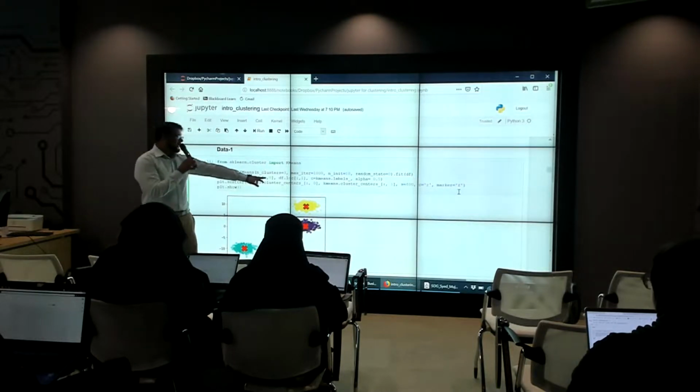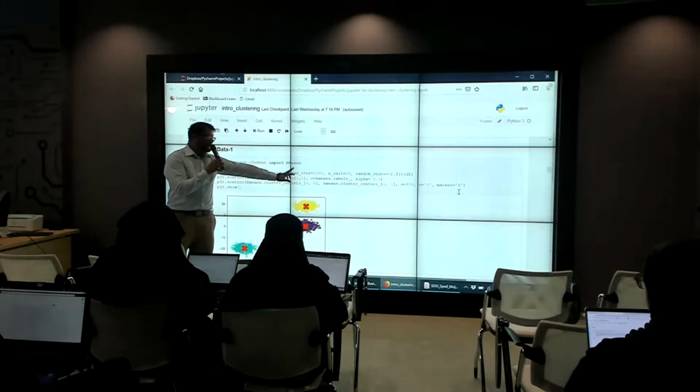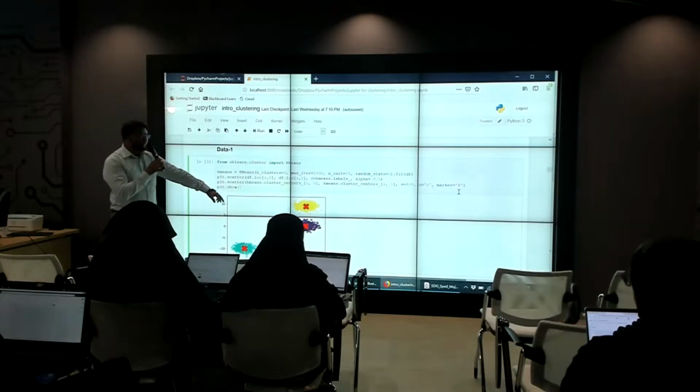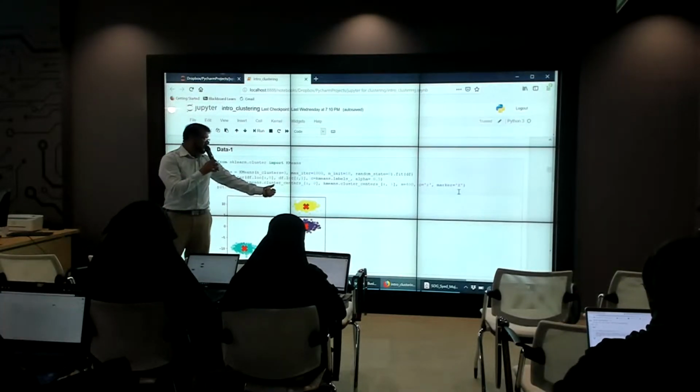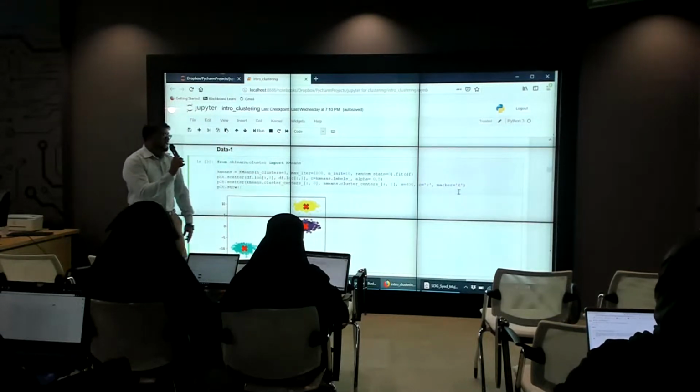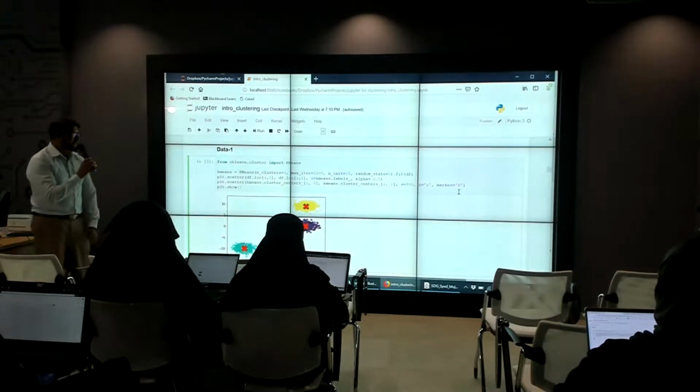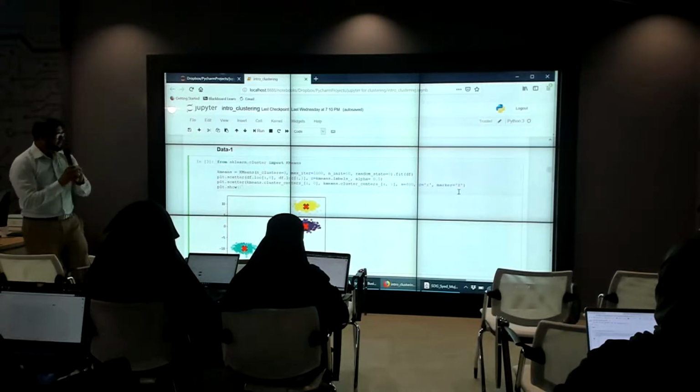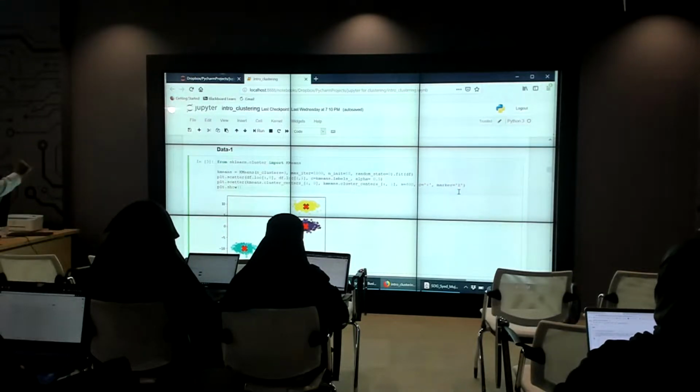Then I'm plotting the data and coloring it with labels. I'm also plotting the cluster centers, kmeans.cluster_centers_. Those are the cluster centers I get from k-means, and that's the result when I run the algorithm.